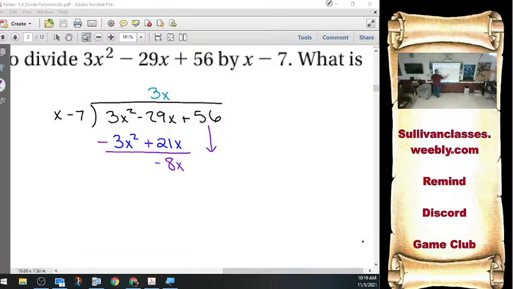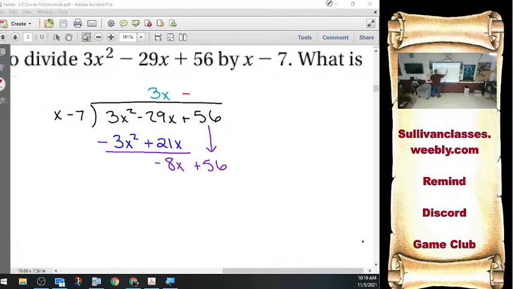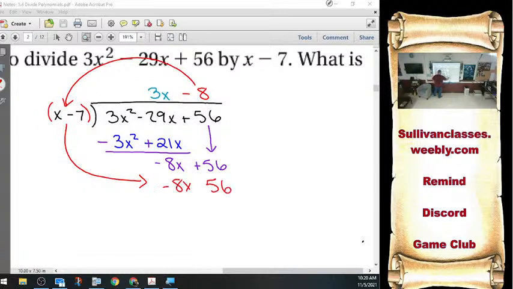Drop down the 56 and repeat the process. What's a negative 8x divided by x? Negative 8. Take a negative 8 times your divisor to get negative 8x and a positive 56.